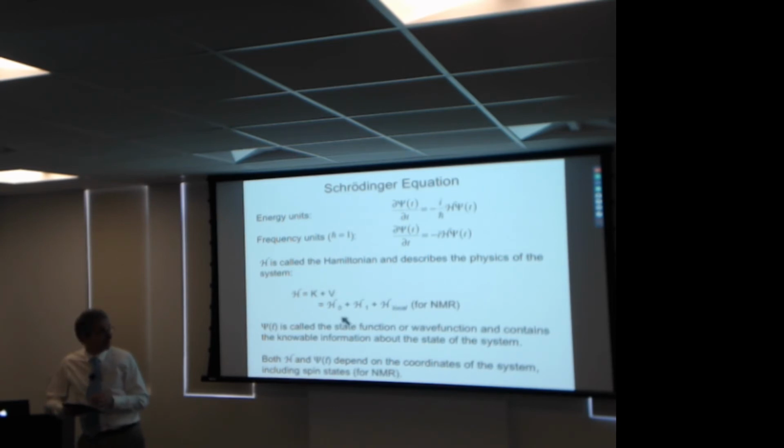In my notation, H naught usually refers to the Hamiltonian coming from the B naught field, H1 the Hamiltonian corresponding to the B1 field, and then H local, all of these local magnetic interactions that give rise to the chemical shift, the scalar coupling, and the dipole coupling.